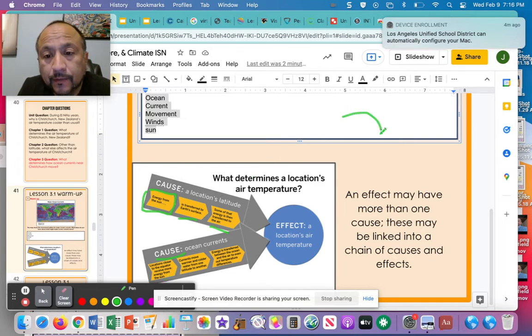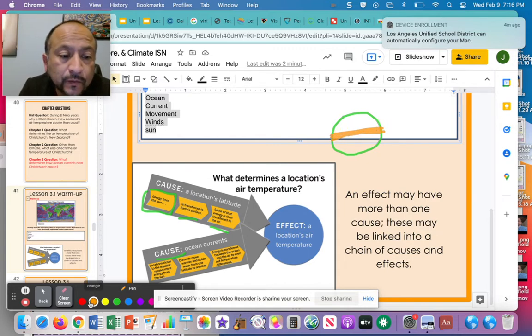We have our planet, and most of the sun's energy goes to the center of our planet, which is called the equator, right?